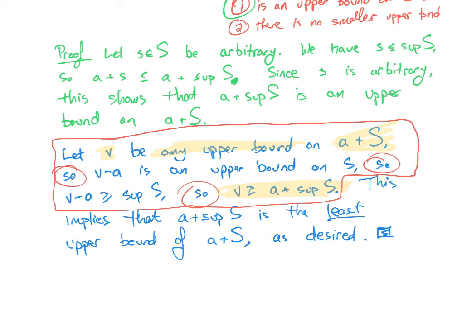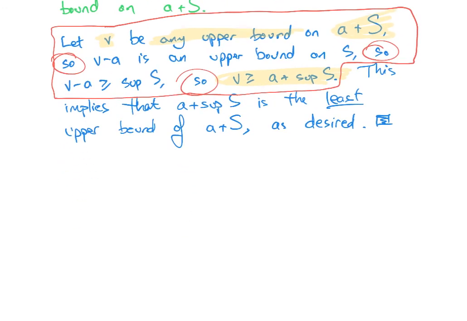How do you go from v being an upper bound on the set a plus S to v subtract a just being an upper bound on the set S by itself? Oh. So if you want to expand that out, and I don't think it's necessary for the proof, I am going to use the logical symbols here, because this is what they're for. They're for shorthand. So we know that it's an upper bound.